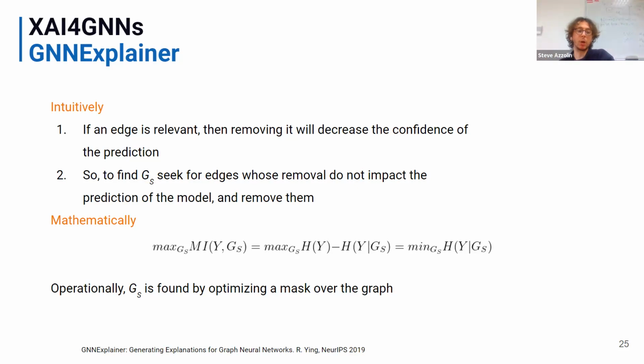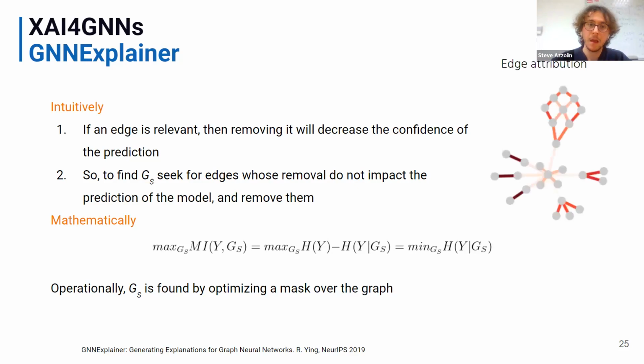And operationally, the explanation is then found by optimizing a mask at edge level over the graph, since GNN explainer is an edge level explainer. And you can get something like that, which is the same picture as before. So you will get an importance score for every edge in the graph.